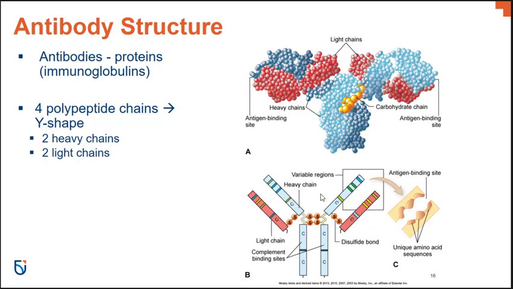You can see in the diagram the 2 twisted red strands, which are the light chains, and 2 twisted blue strands that are the heavy chains. The heavy strands are longer and heavier than the light strands are. The immunoglobulins contain what are called variable regions. These are regions where the sequence of amino acids is going to vary in different antibody molecules.